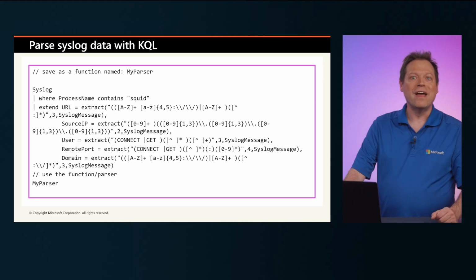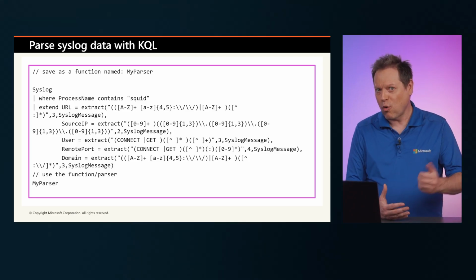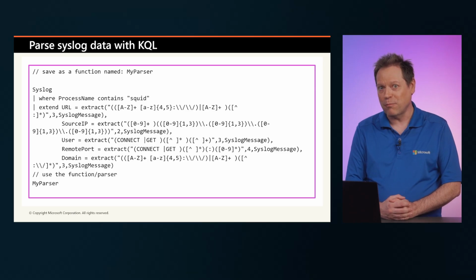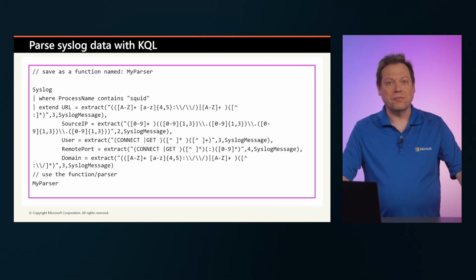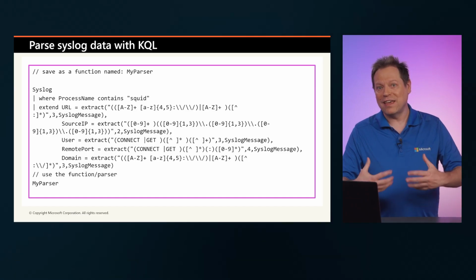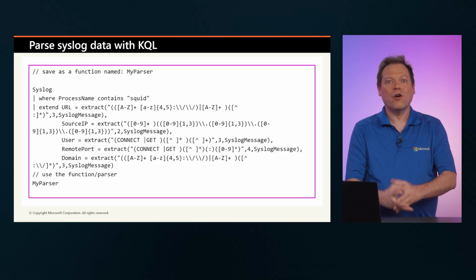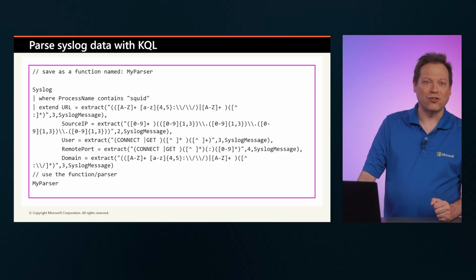In this example, a function named myParser is created. The query starts from the Syslog table, filters on a specific process name such as squid, and then uses the extract statement to pull structured fields from the raw SyslogMessage text field.